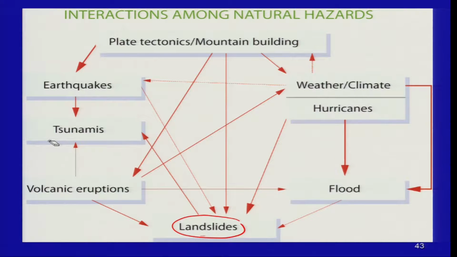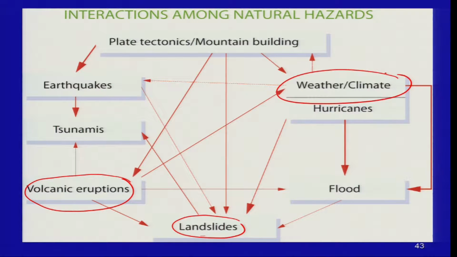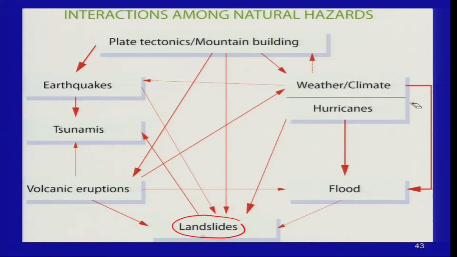And then volcanic eruptions can also change the climate and weather, because if we have continuous volcanic eruption, a lot of ash and carbon dioxide will be put in the air, which can affect the weather and climate.